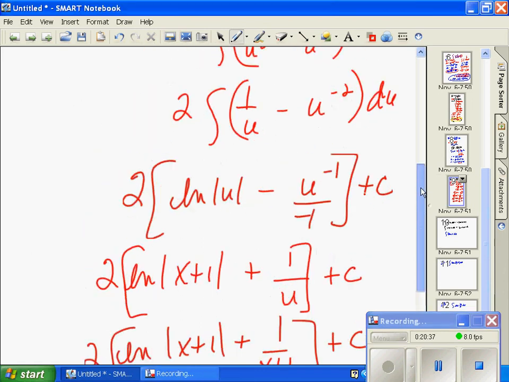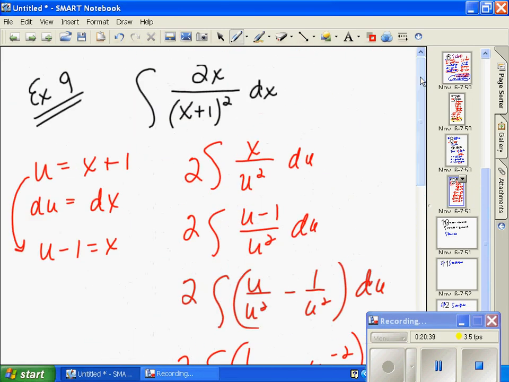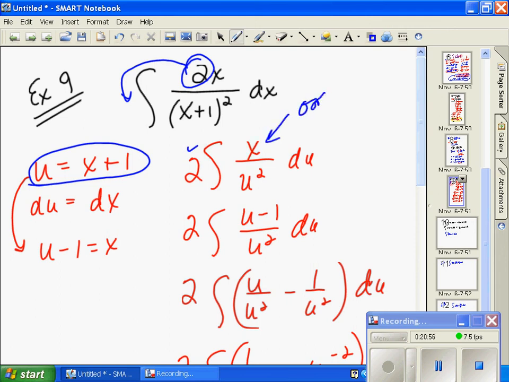Okay, here is a final answer. This one was one again where you had a u equal to x plus 1. And remember this little 2 right here, if it's not being used as part of your du, it can come out front. And that's what I did with that one. I put the 2 out front, and notice I still had the x left. So I had to come down here and solve for x.